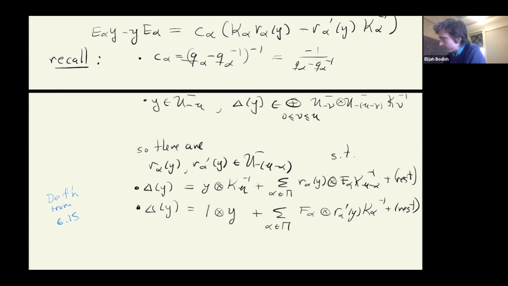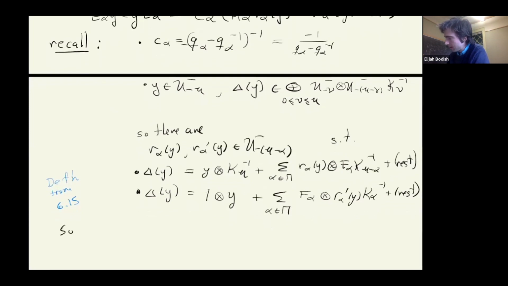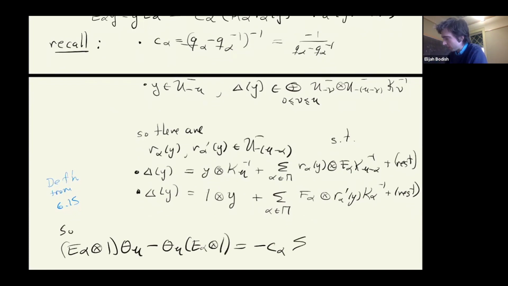So that means that we can just rewrite what we had before, which was E alpha tensor 1 theta mu minus theta mu E alpha tensor 1 as, using this formula, we have a negative C alpha coming in, and then we sum K alpha, and we were going to use the R alphas.